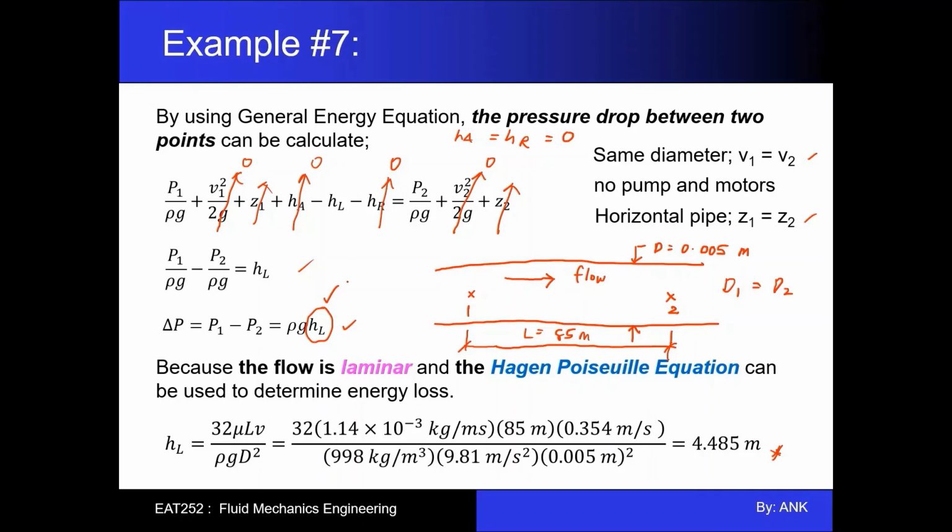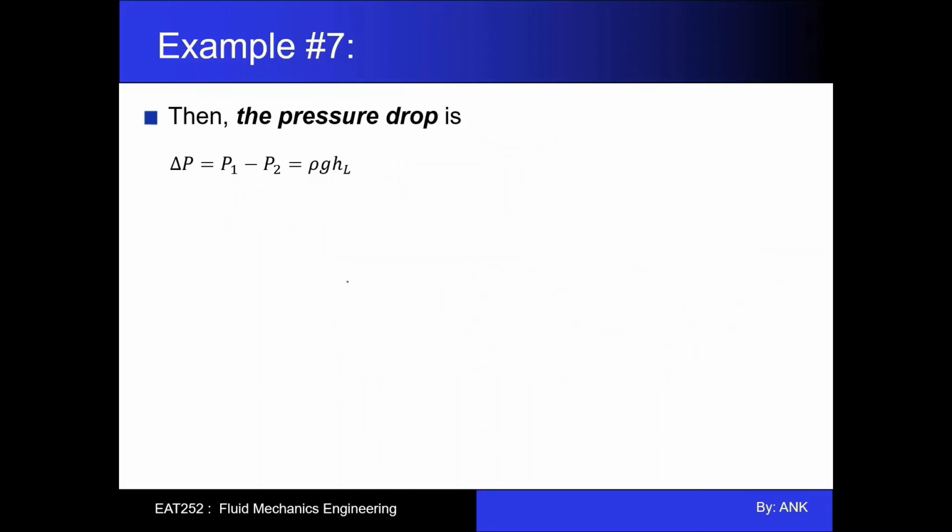So then we can determine the pressure drop between 2 points in this pipe. This is the formula we already created from the energy equation. The pressure drop, P1 minus P2, is the difference between the pressure at point 1 and the pressure at point 2, which is equal to density times gravity times energy loss.